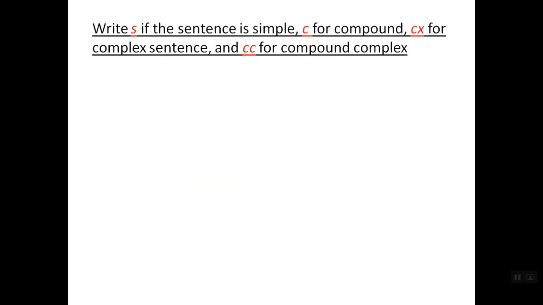Let's check your understanding. Write S if the sentence is simple, C for compound, CX for complex sentence, and CC for compound complex. Let's start with the first one. The polio vaccine was developed by Jonas Salk and Albert Sabin.